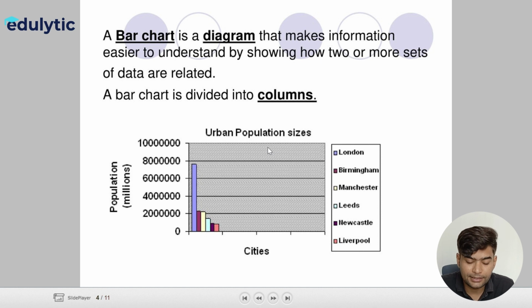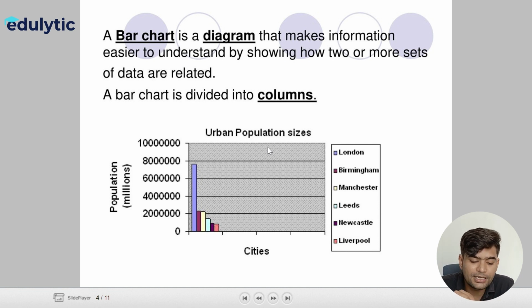Similarly, as in the case of the pie chart, a key was given. Similar is the case with the bar graph. There is a key given on one side which is telling us that blue color is for London, while purple is for Birmingham, dark purple is for Newcastle, and similarly the rest of the colors are for other cities.